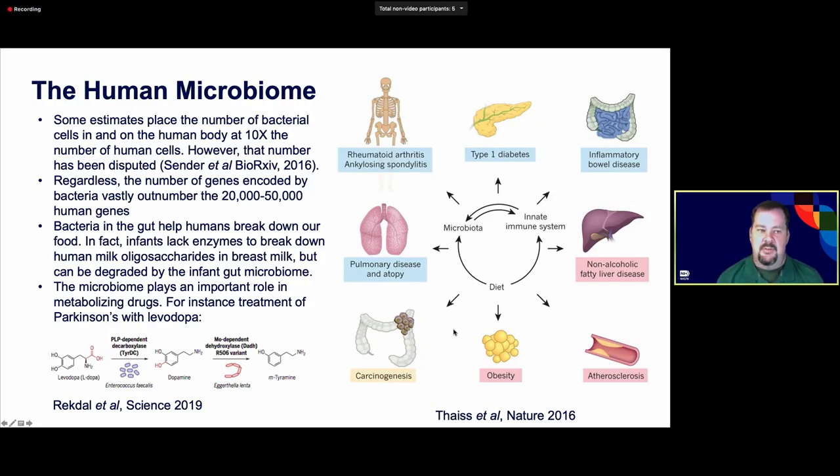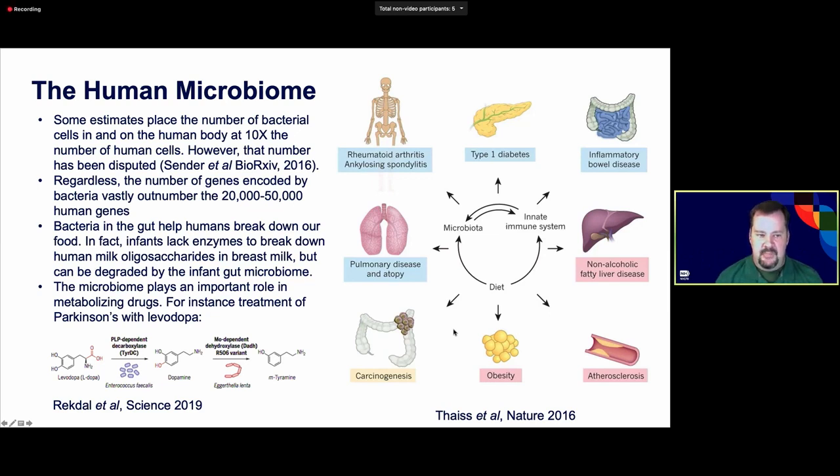That number has been disputed, but it's not really disputed that the bacteria that live in your gut, on your skin, and around your body encode many genes, tens of thousands of genes.